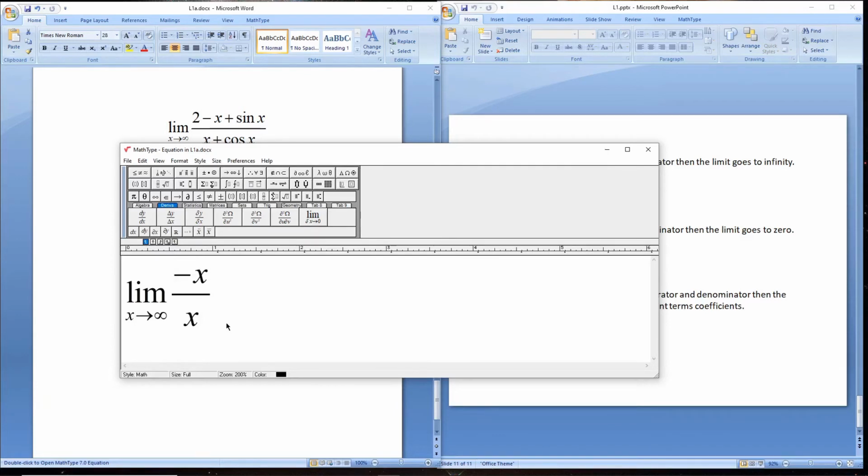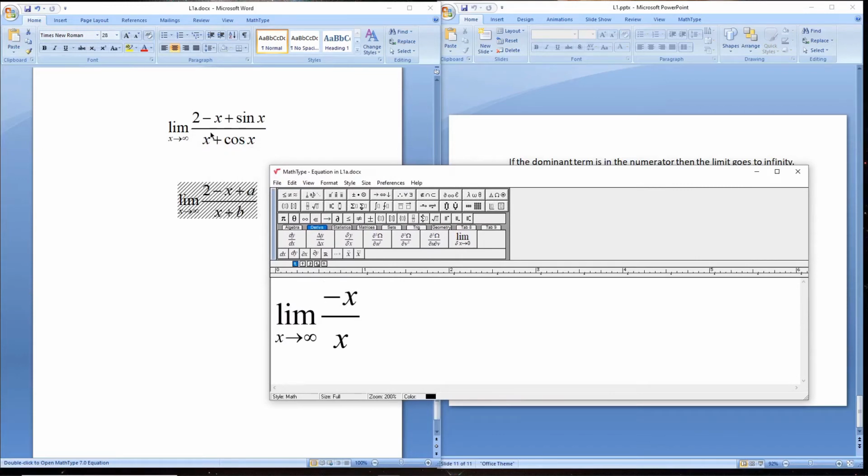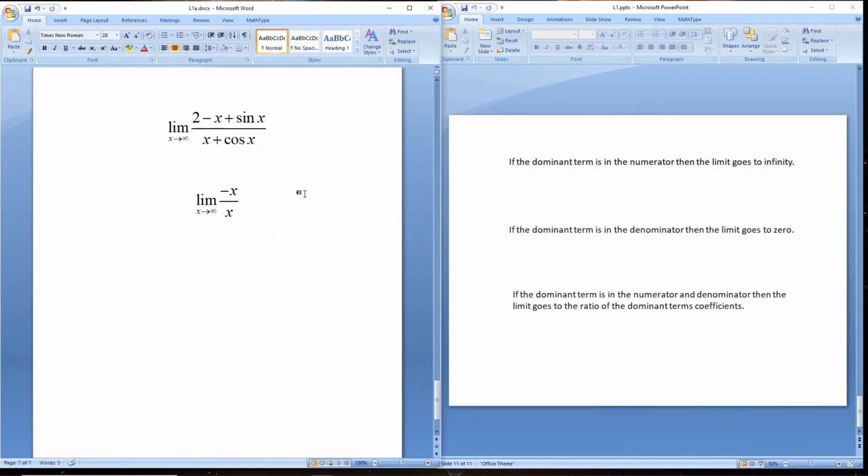Again, the dominant terms are the ones with the highest exponent. And notice here, the highest exponent here with x was 1. And so that's our dominant terms maneuver. All that's left are the dominant terms.